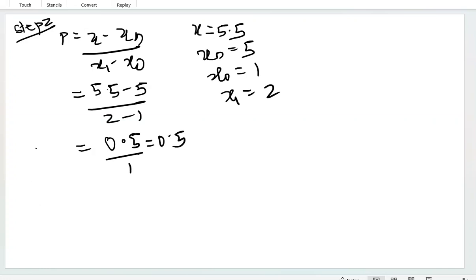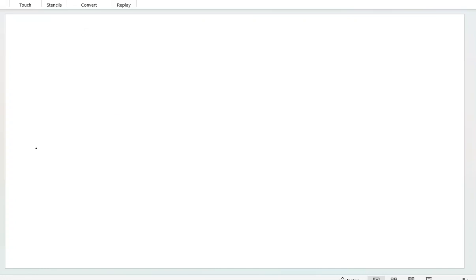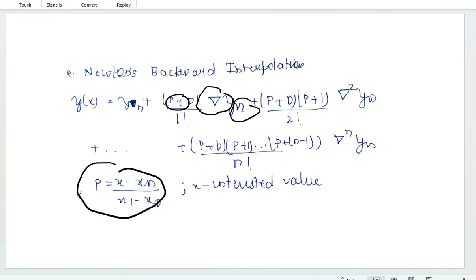Now we use the formula for backward interpolation. The formula, if you observe, has 3 changes. Instead of p minus 0, we put p plus 0. Instead of delta, there is del, and instead of 0 there is n.